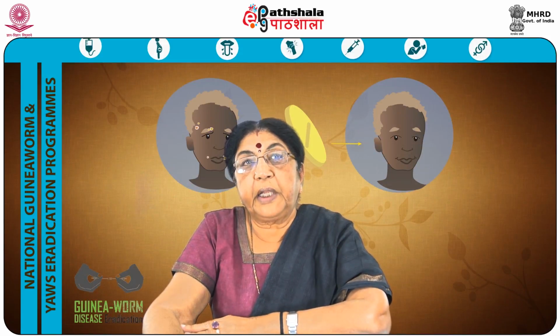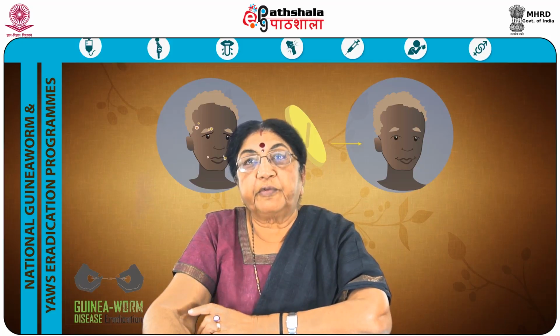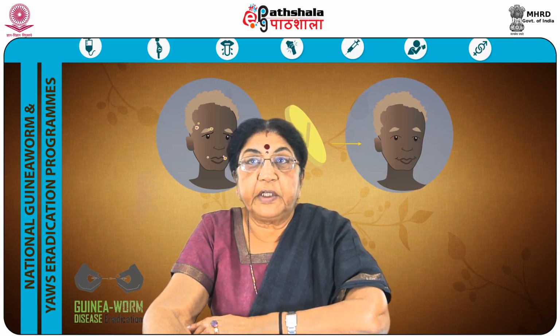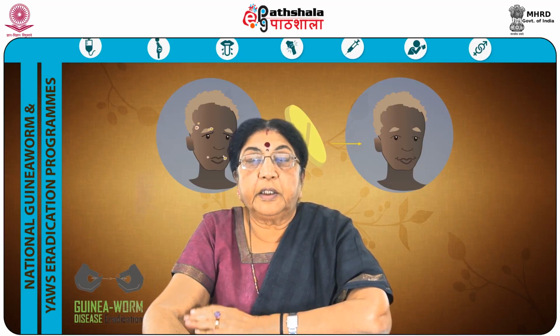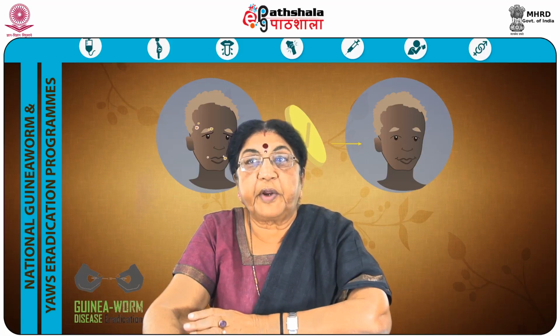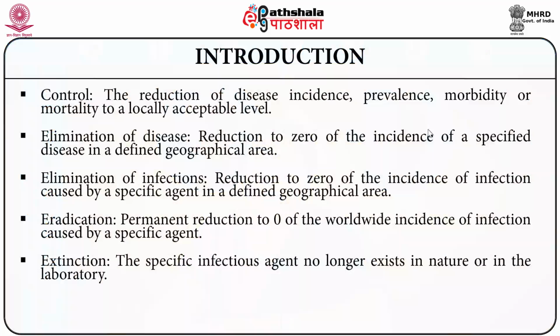That means we are bringing down the incidence rate, meaning the appearance of new cases in a defined period of time, in a defined area. Also the prevalence, meaning at one point of time the total number of cases in the community, the morbidity, the illness they create, and the mortality, if any deaths have occurred, but all this should come to a locally acceptable level.